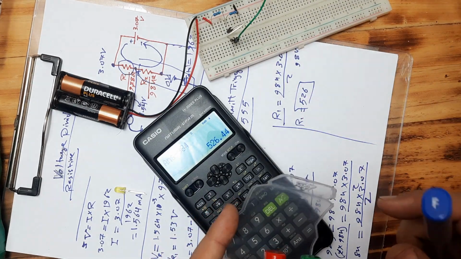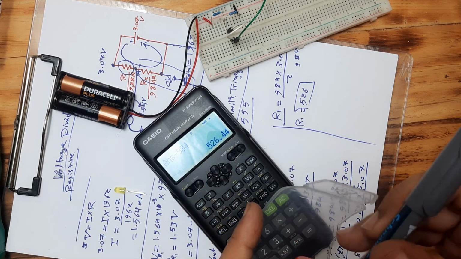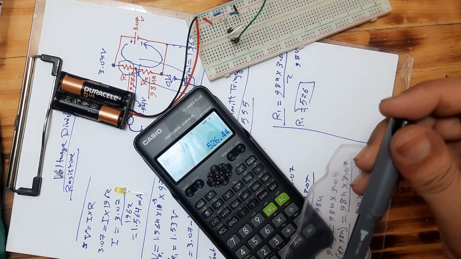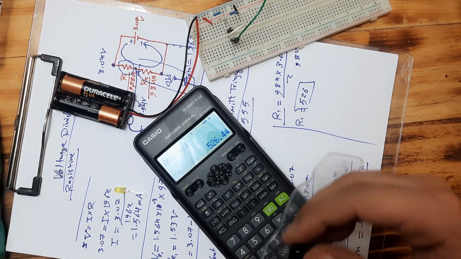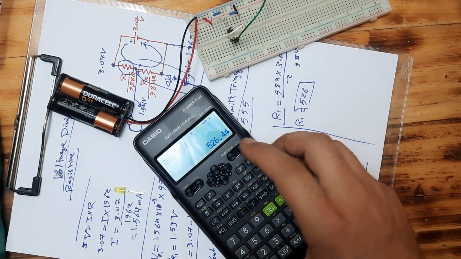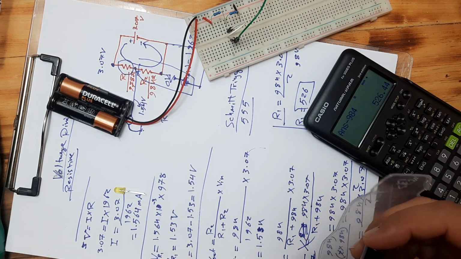Always measure them with a multimeter, always measure the battery level with a multimeter, and then do your calculations. Otherwise you will get a different output, because as you can see in our example, if we use 1k, the output will be different, right?